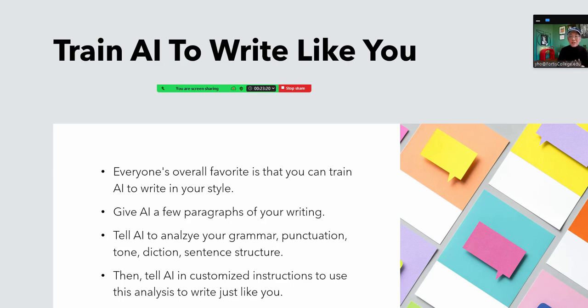You actually learn a lot about your voice. So if you've ever wondered what your narrative voice is, this is the way to find out. Have AI analyze and give you personalized feedback on what your narrative voice is. Then you tell AI to write in that narrative voice. And that is such fun. And I write a lot more in my book.